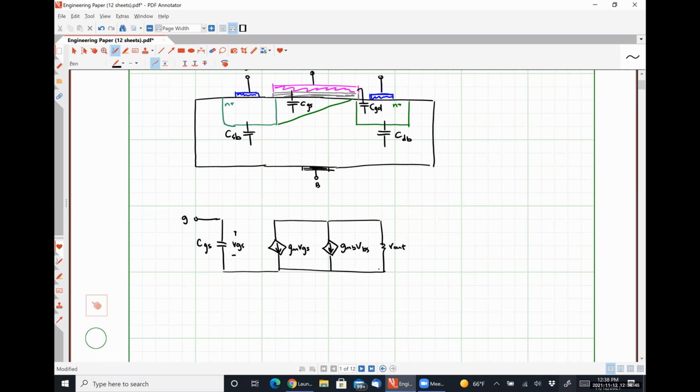Between the source and the body terminal, we have that capacitance CSB, over which a voltage drop VBS occurs. Between the drain and the body, we have that capacitance CDB.